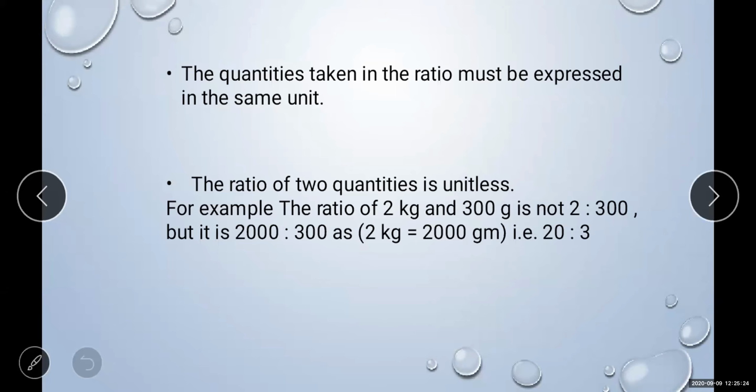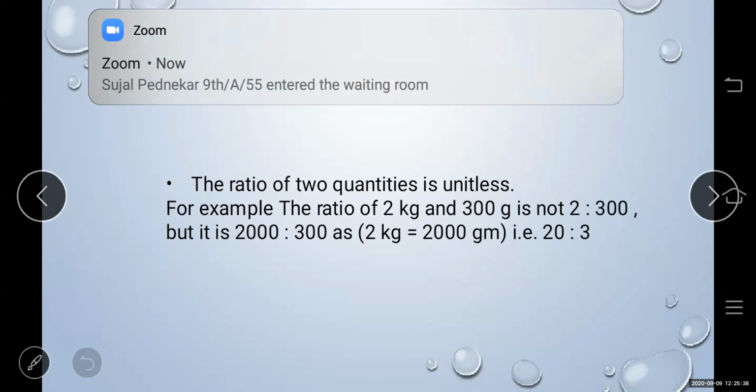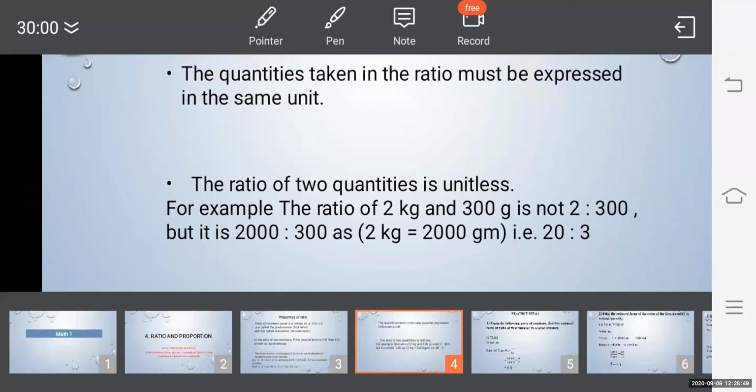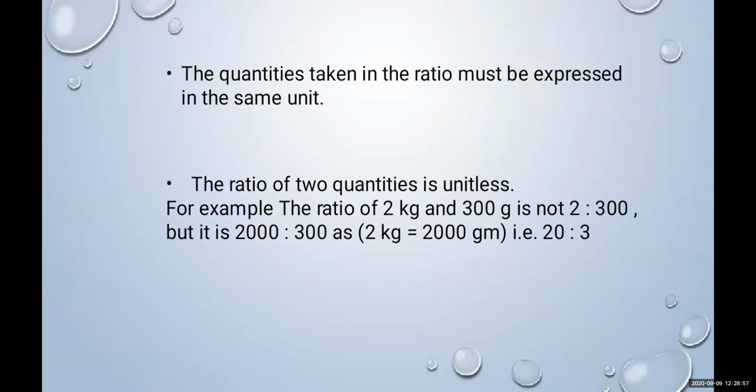The next point: the ratio of two quantities is unitless. For example, the ratio of 2 kg and 300 gram is not 2 as to 300, because both numbers do not have the same unit.